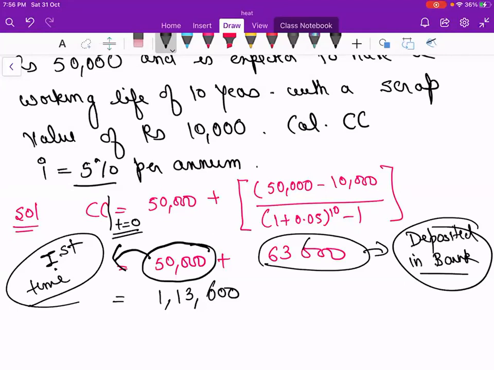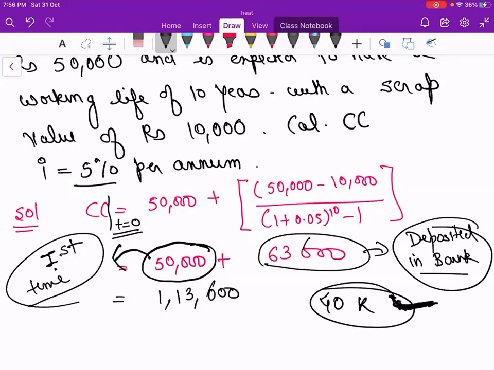How much do I want? 40,000 rupees. So on this amount of 63,600, after every 10 years I will be getting a sum of 40K. Then 10,000 I will be getting from the scrap value.